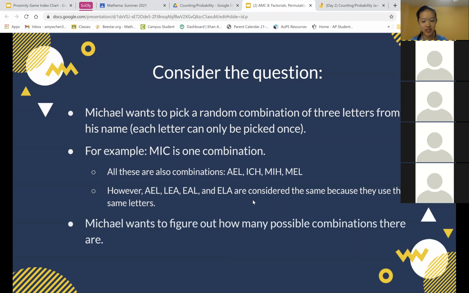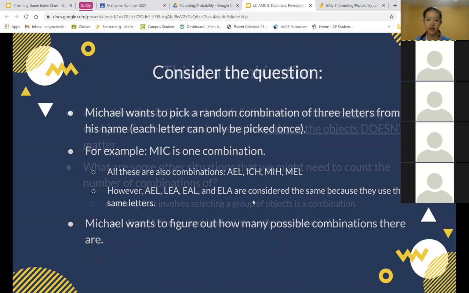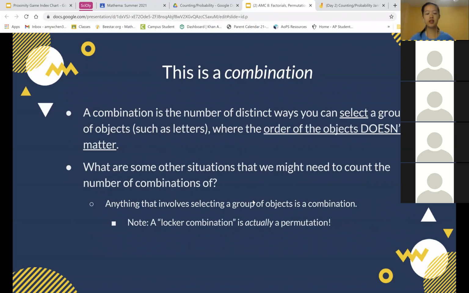Michael wants to figure out how many of these 3-letter combinations picked from his name there are. A combination is the number of distinct, or different, ways that you can select a group of objects, such as letters, where the order of the objects selected does not matter.